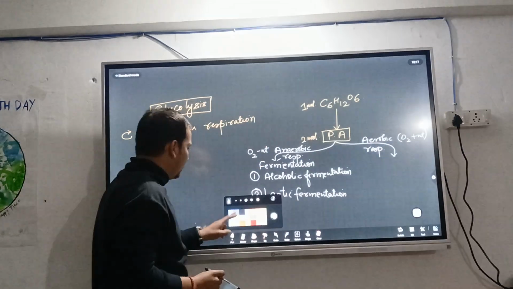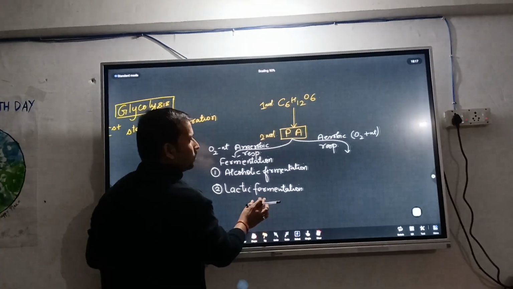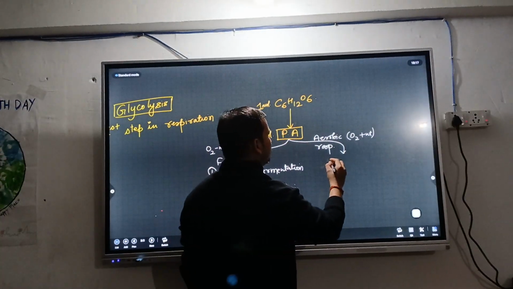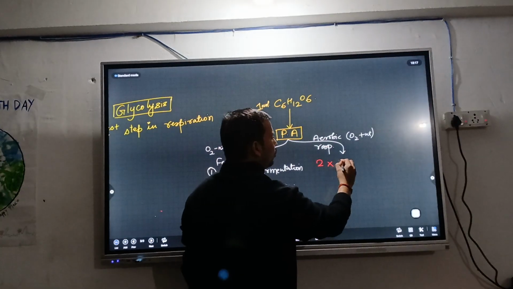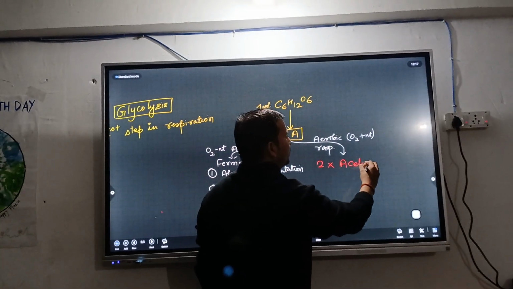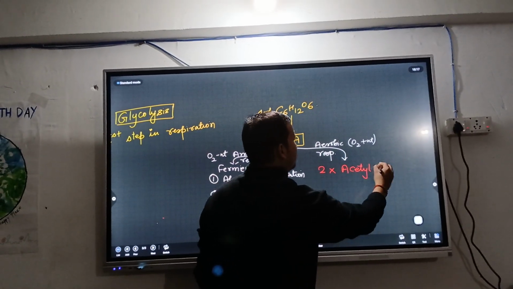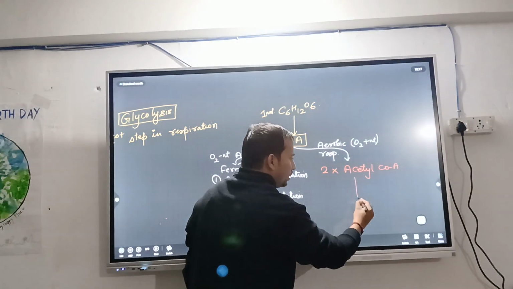Now if this one is going with oxygen, then this pyruvic acid converts into what? Two molecules of pyruvic acid convert into two molecules of acetyl coenzyme A, right? And this will enter what?